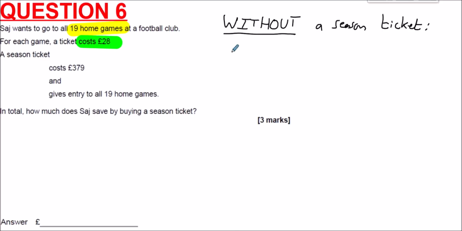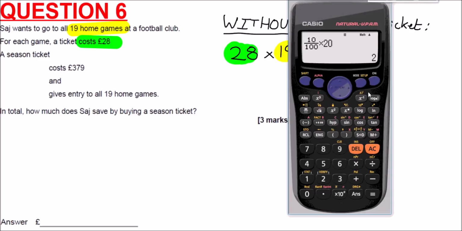And so what he'd do is he'd spend £28 each one of those 19 times he goes to see his team play. And so it'd be 28 multiplied by 19. That's how much it would cost him. So let's work out this. 28 times 19, 532.